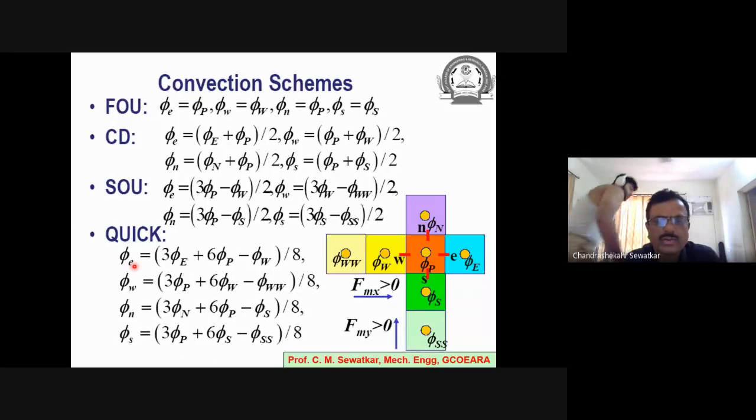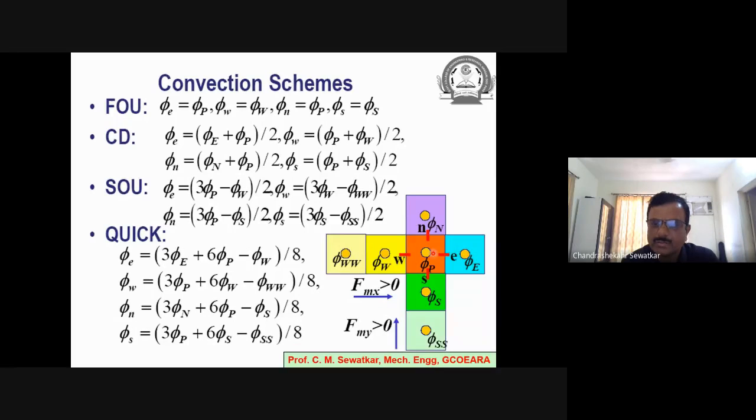Similarly, we can write an expression for the QUICK convection scheme. For phi small e, I will be using this value and this value. These expressions are provided to you for your easy understanding, and these are provided when my mass flux in the x and y direction is positive. If it is negative, the expressions will be different. So phi e for the QUICK scheme will be 3 phi E plus 6 phi P minus phi W divided by 8.